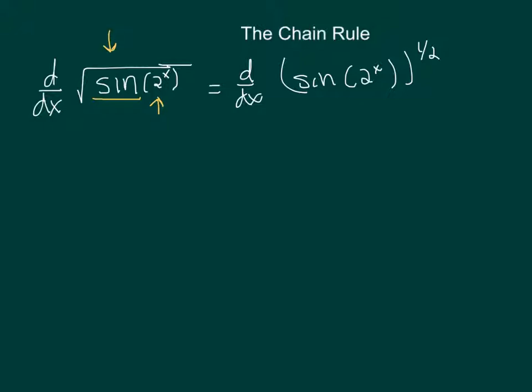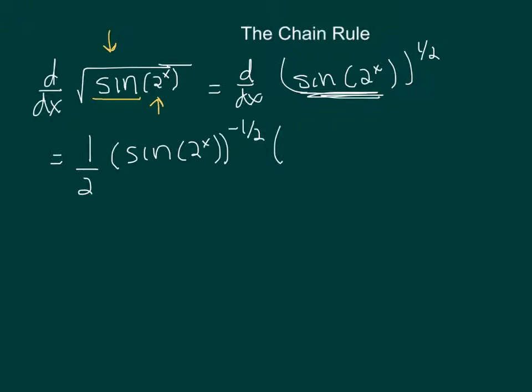All right, so let's take the derivative. Of course, we're going to take the outside function first and work our way in. So I'm going to use the power rule and take 1/2. Now, at this point, you don't change the inside functions. So sine of 2 to the x stays the same, and then the whole thing is now raised to the negative 1/2.